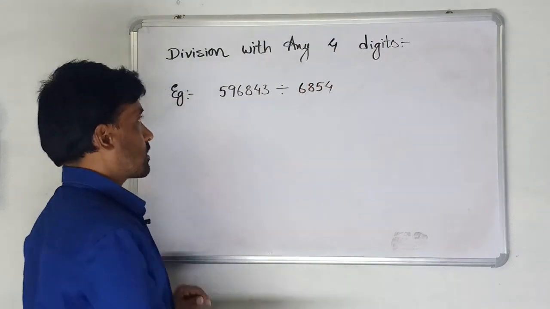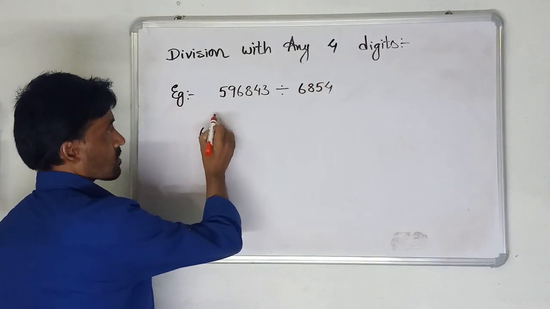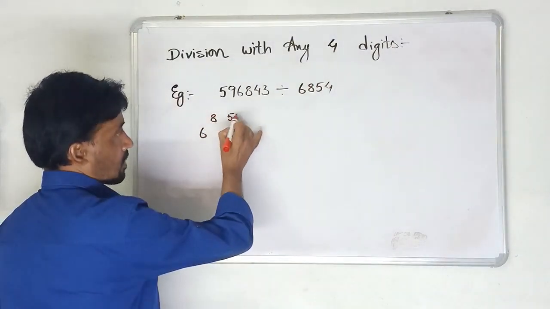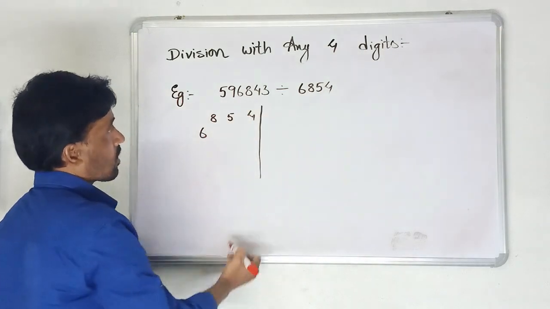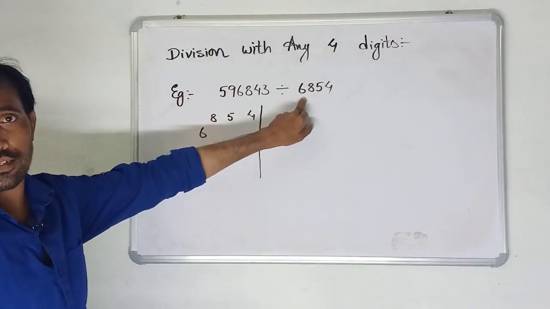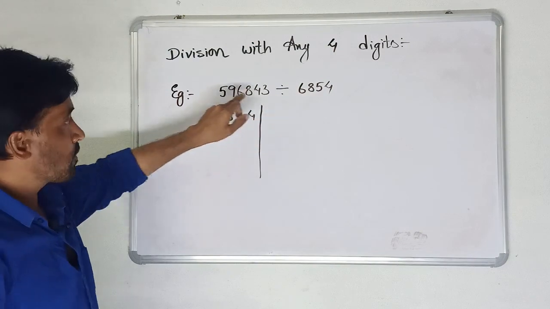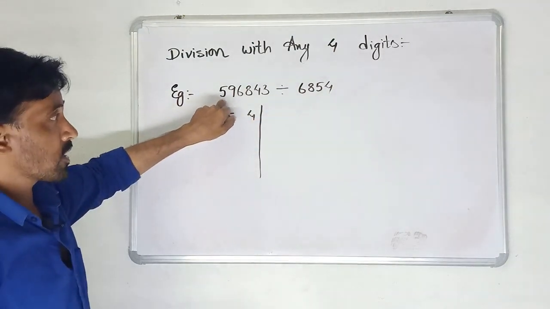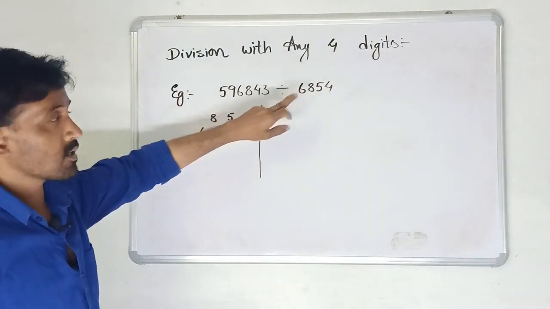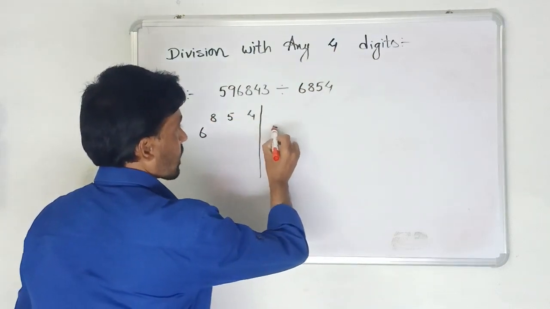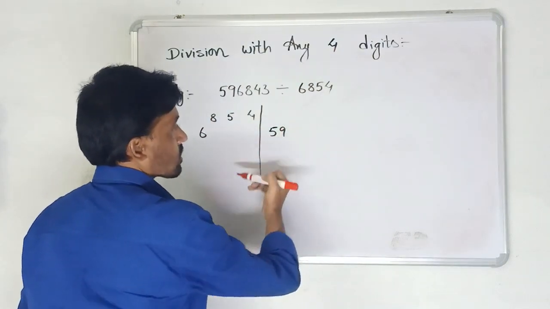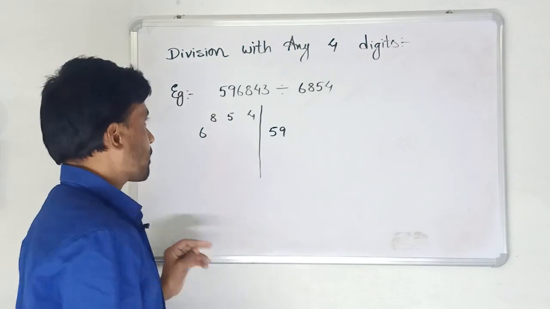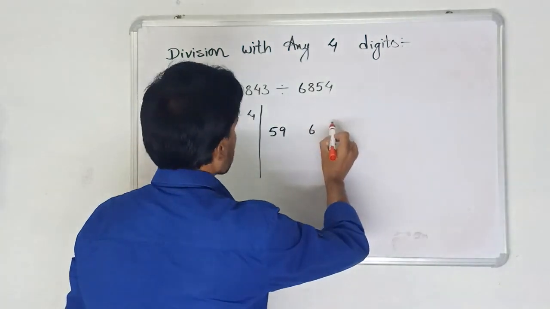Let us take it here, similarly. Now, taking the left-hand side, in the divisor it is 6 and in the dividend it is 5. 5 cannot be divided by 6. That's why we take the left-hand 2 digits at a time, and the other digits are taken like this.